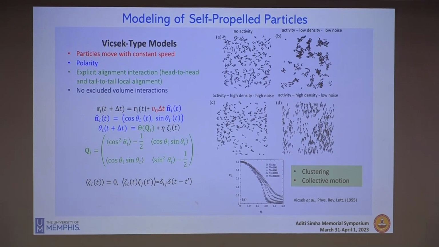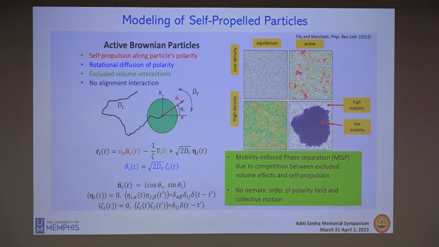The other commonly used approach is so-called active Brownian particles, and that's what Chandan talked about yesterday. In this case, if the particles are just circular, then the particles move according to a Langevin approach with an external force along a certain direction, and that direction is determined by rotational diffusion of the particles.